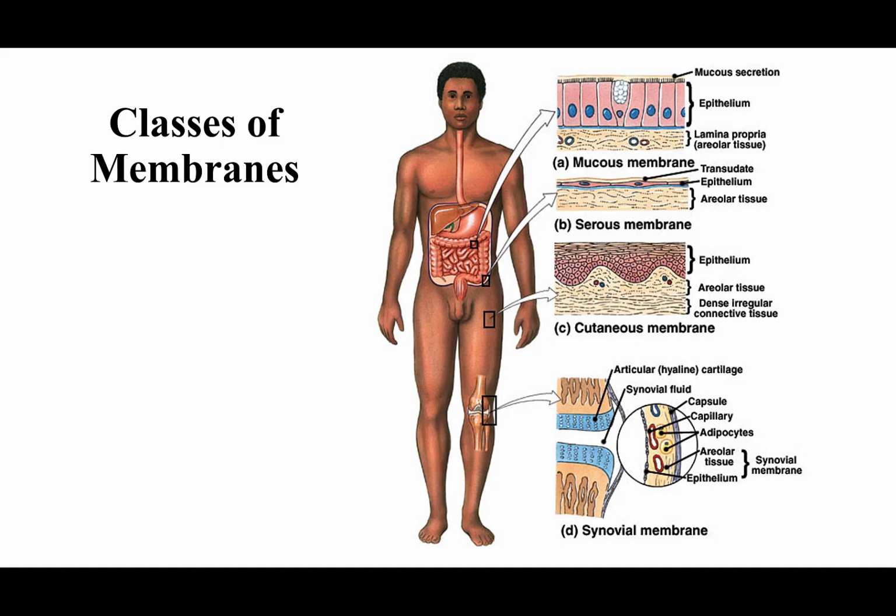The synovial membranes are found in joints, versus mucous membranes. They line the cavities that are open to the exterior, such as the respiratory, urinary, digestive, and reproductive pathways.